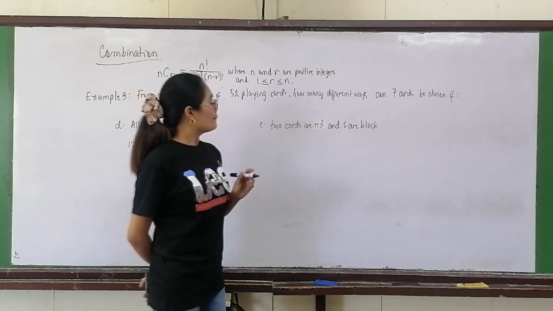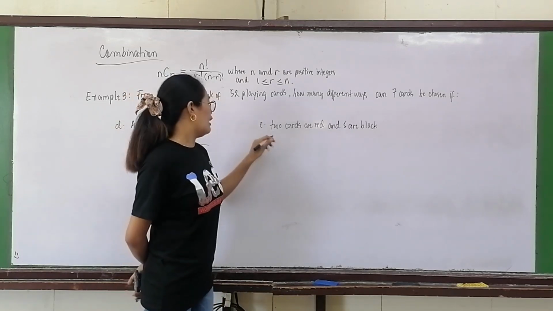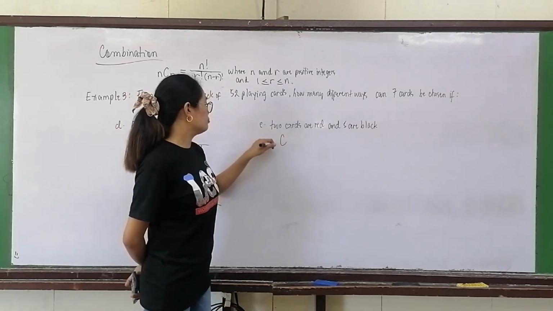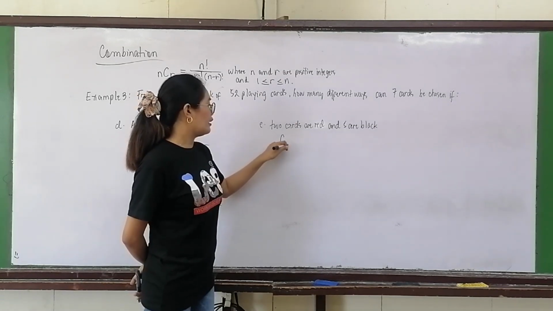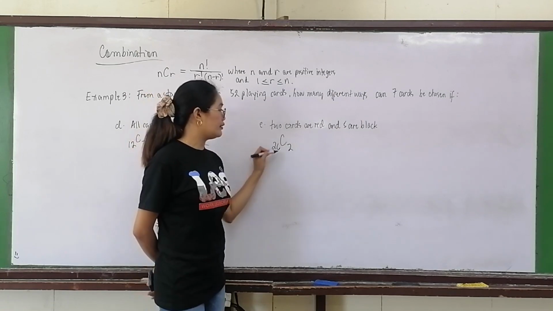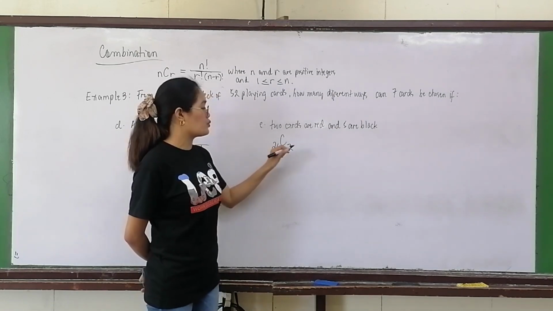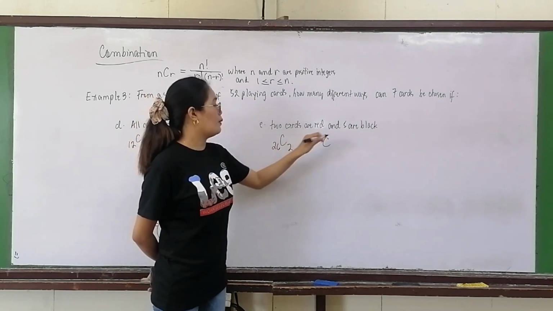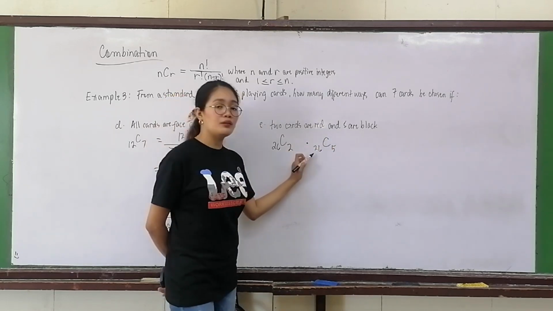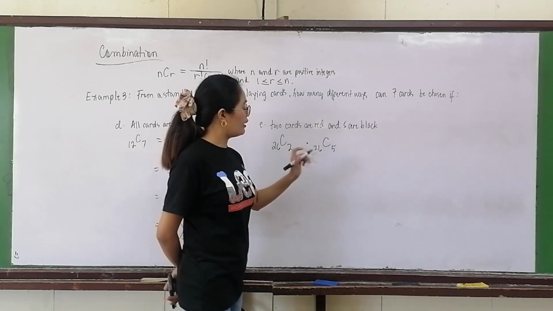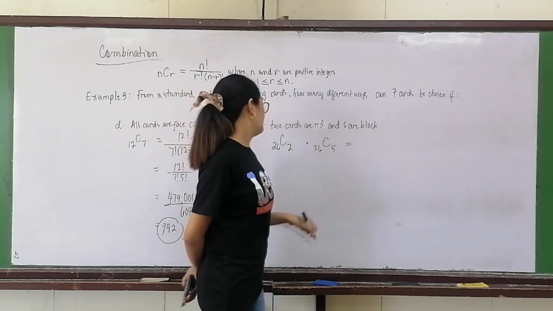Now, we'll have the combination of 26 taken 2, since out of the 26 red cards, only 2 will be chosen, times the combination of 26 taken 5, because out of the 26 black cards, only 5 will be chosen.